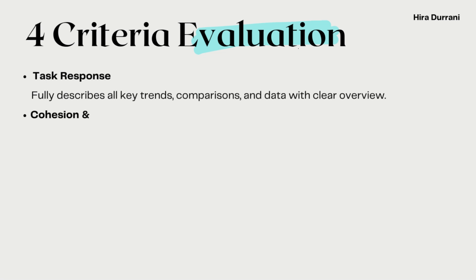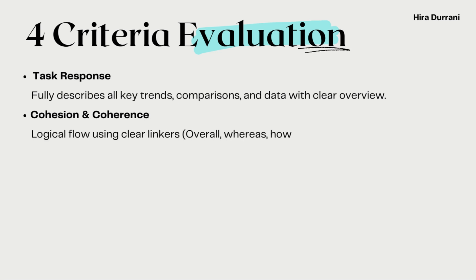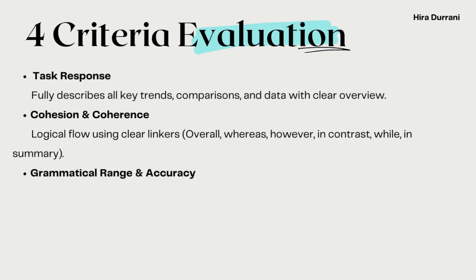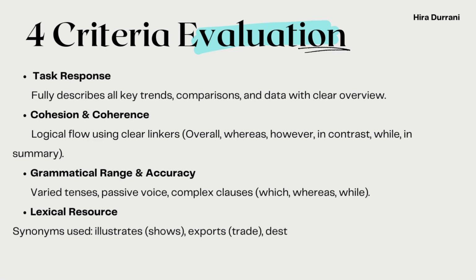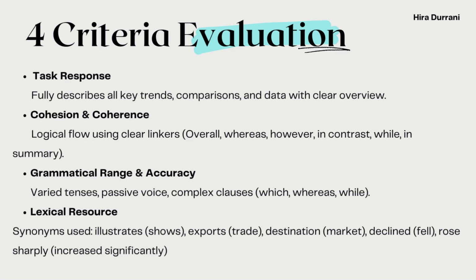The words which you use are the synonyms. For example, instead of shows I have used illustrates; trade, exports; destination, market; then declined, fell; rose sharply, increased significantly; surpassed, overtook. Talking about grammatical range, we have used a variety of tenses, passive voice, complex clauses, which you can see where I have used which, whereas, while.